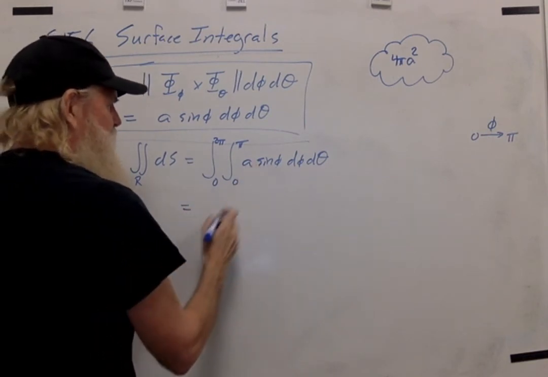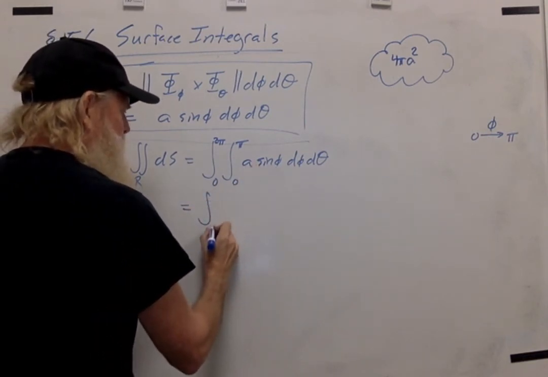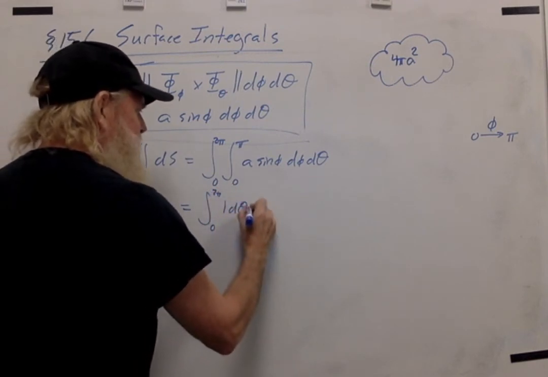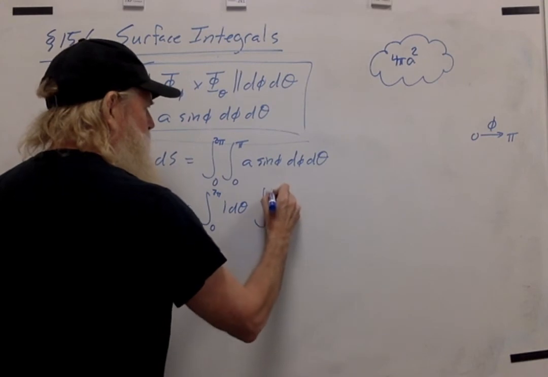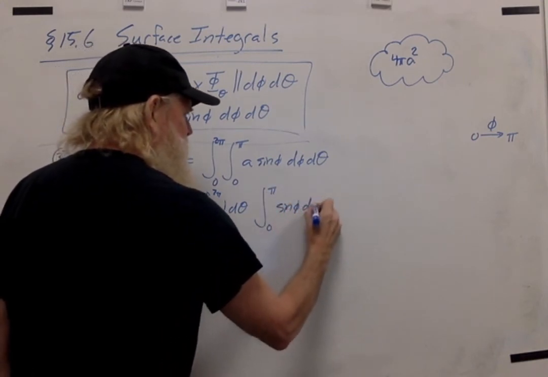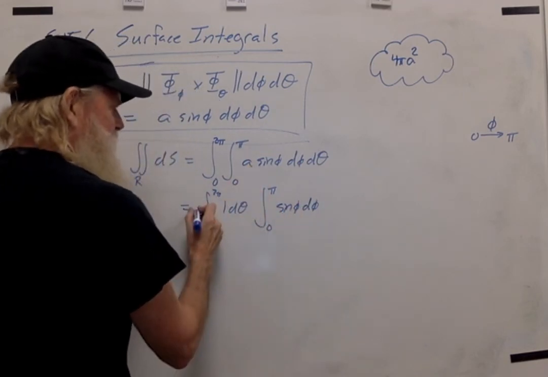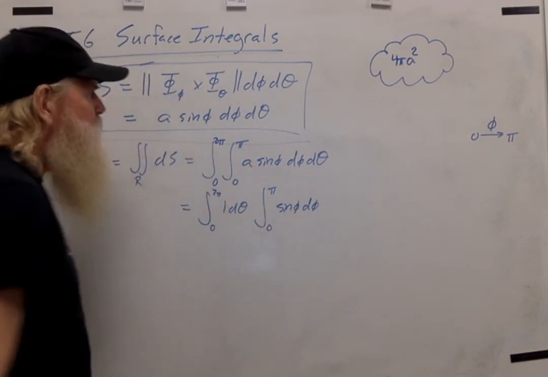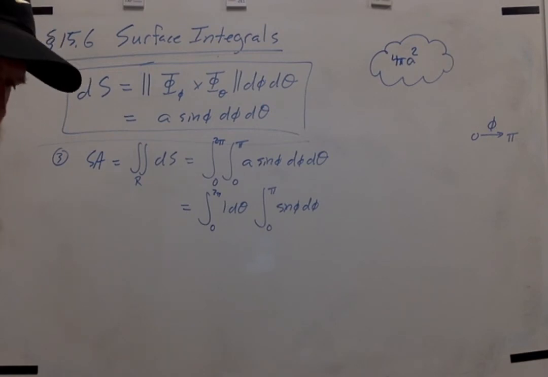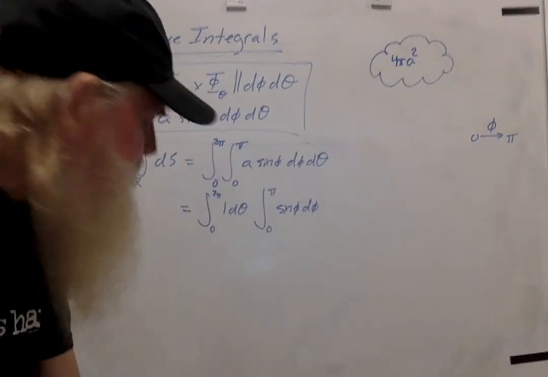Again, there are no thetas involved, so I can factor this out as the integral from 0 to 2 pi of 1 d theta times the integral from 0 to pi of a sine phi d phi. Here, since a is a constant, drat, what just happened? Somewhere steps ago, I should have had an a squared, and I did.